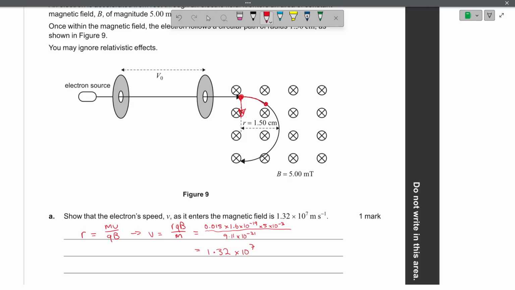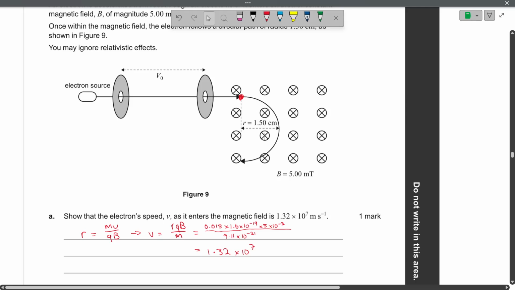At the next instant, the velocity is that way, so turn your hand a bit, 45 degrees down. Your palm now points in that direction, and it's going to cause the electron to curve even more. That constant force, always pointing perpendicular to its motion, is what causes it to go in a circle. Now, if we change that to a proton with a positive charge, you now use your right hand.